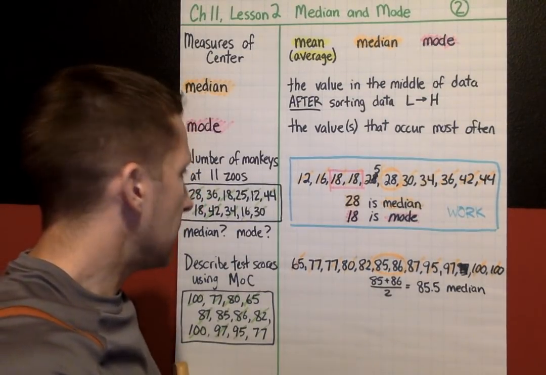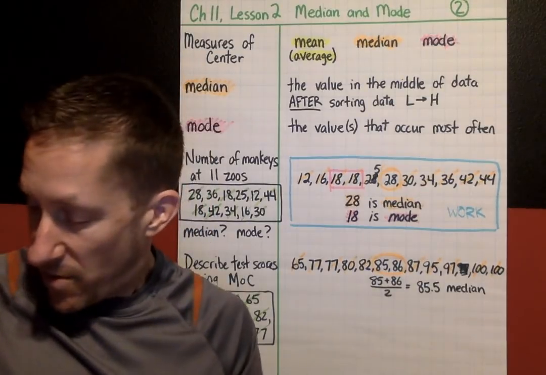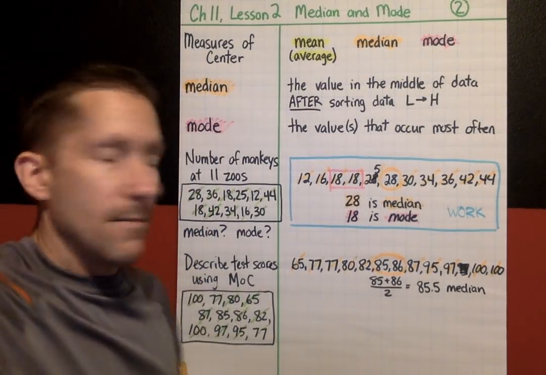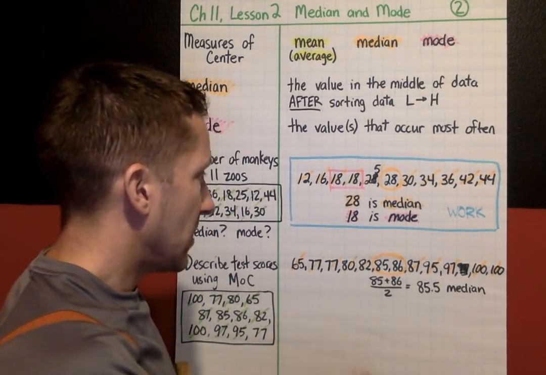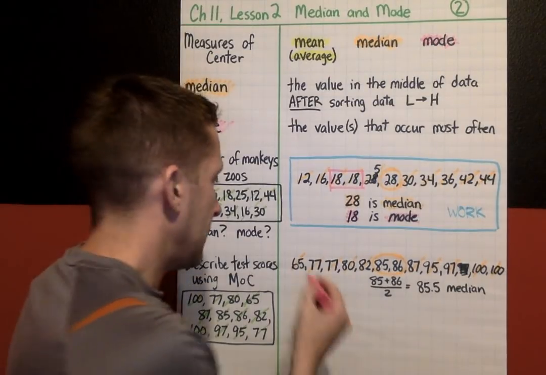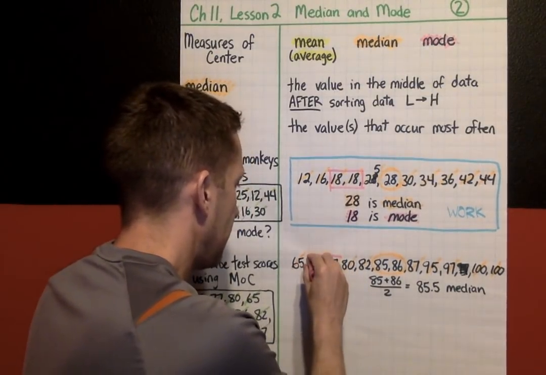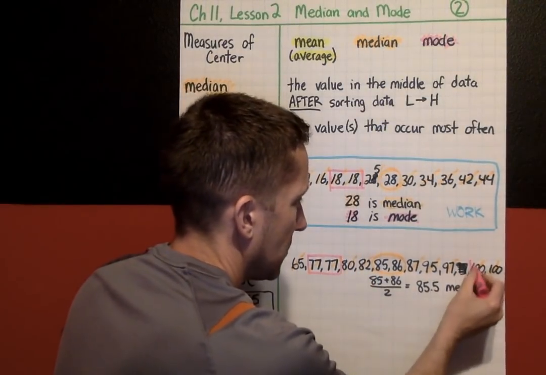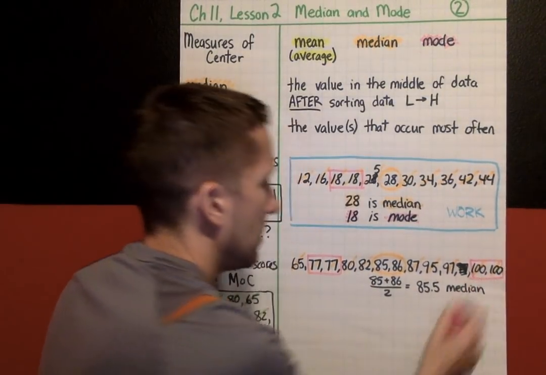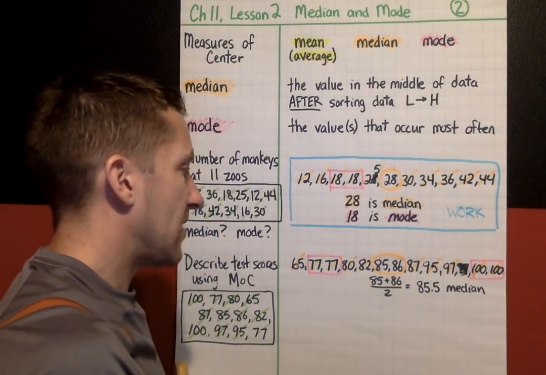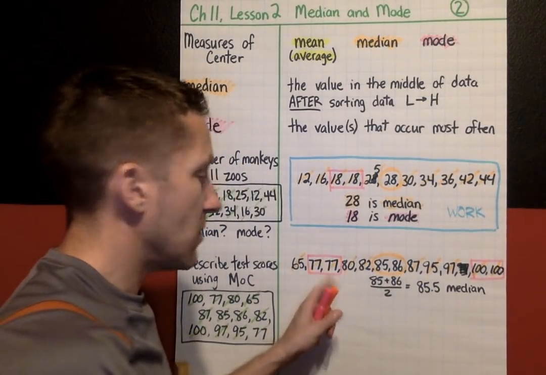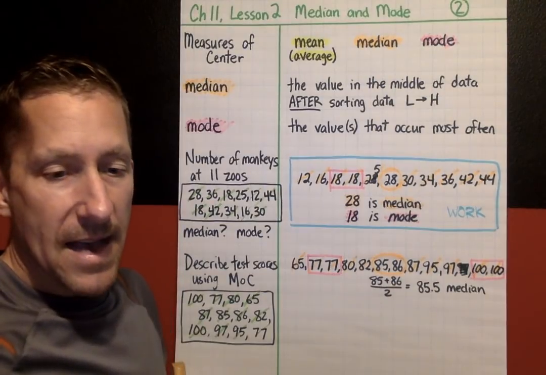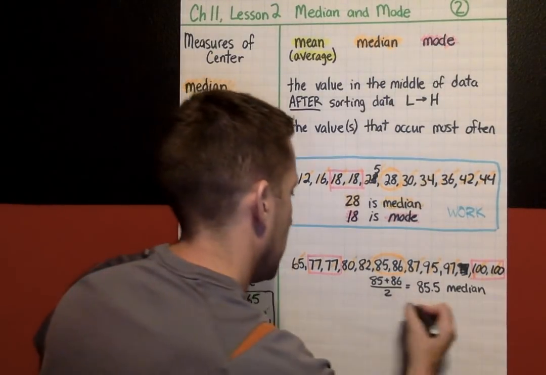Okay, next I'll do the mode since they're in order, and that makes it easy. So I'm looking for the number that occurs most often. So I see 77 appears twice, and 100 appears twice. So in this set of data, we actually have two modes. We would say that our mode is 77 and 100.